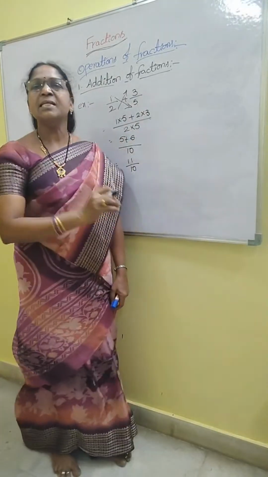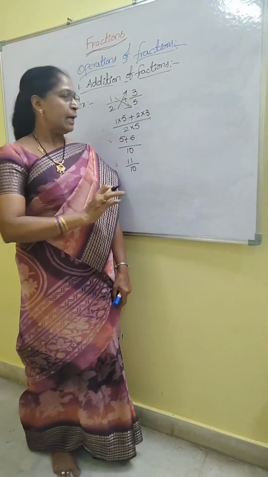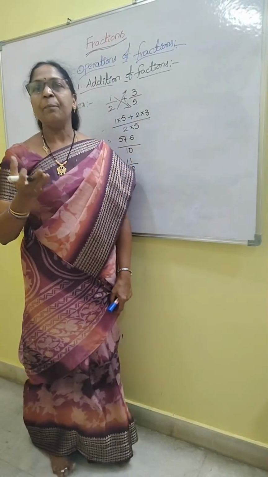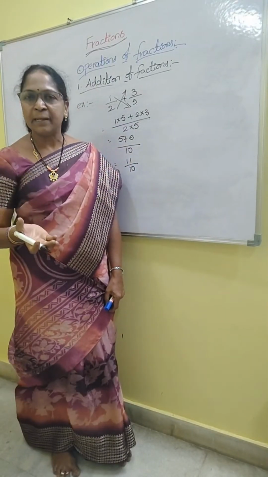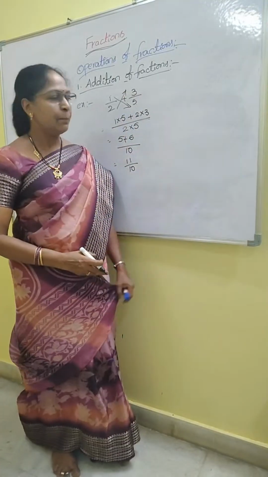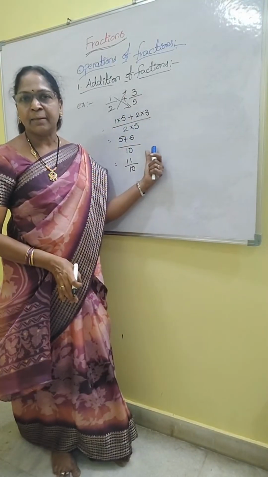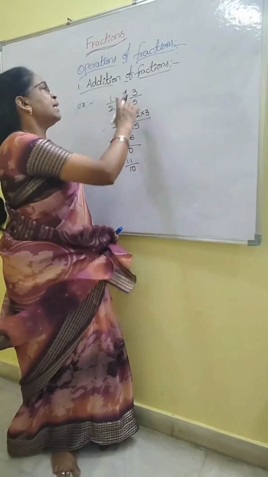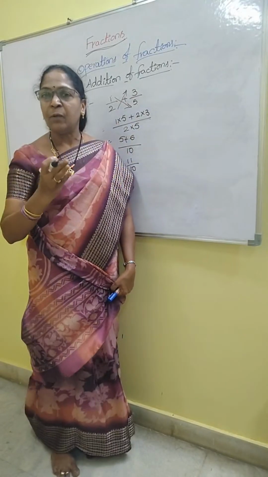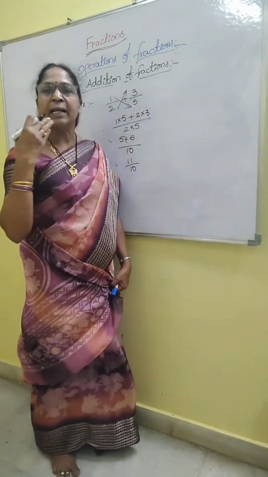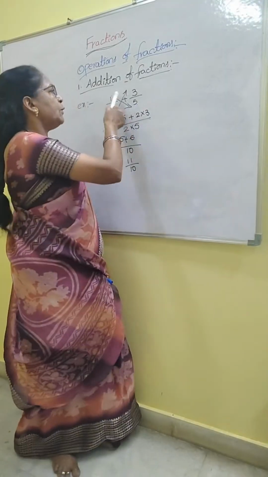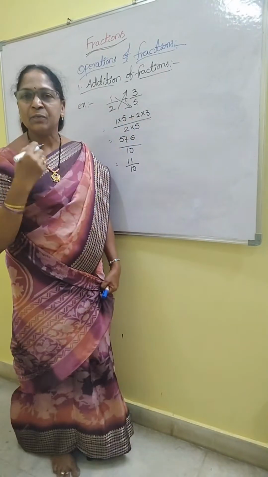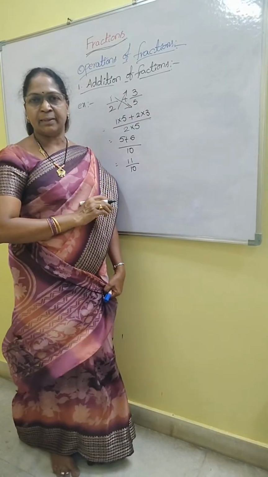This procedure is very important and it is applicable to many other problems. Next, further many other sums you can solve easily by using this method. This method is only applicable whenever two unlike fractions are given. Then you can find out like this by using the cross multiplication method.